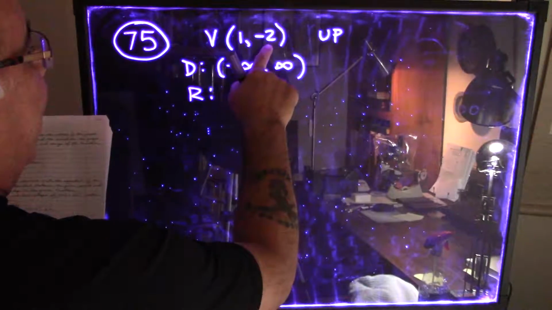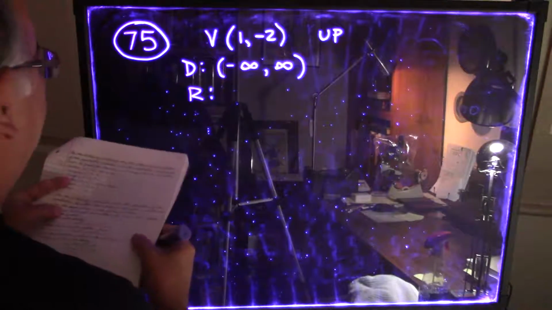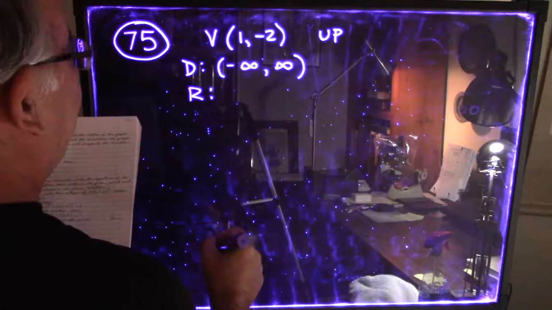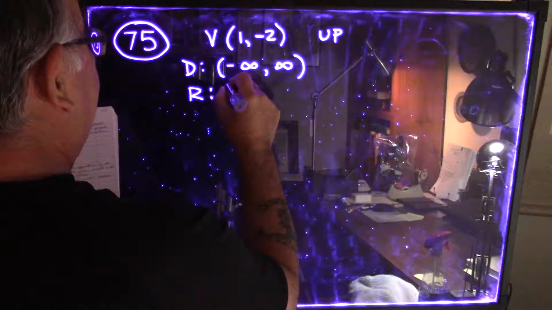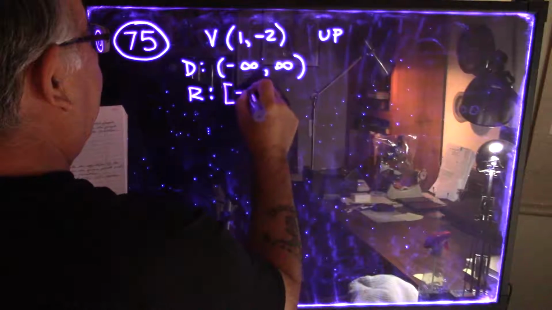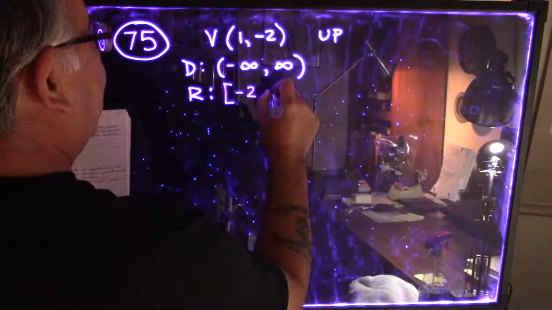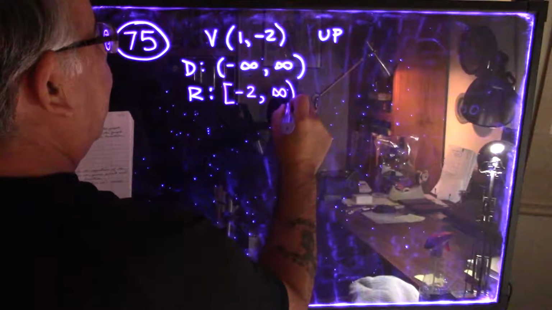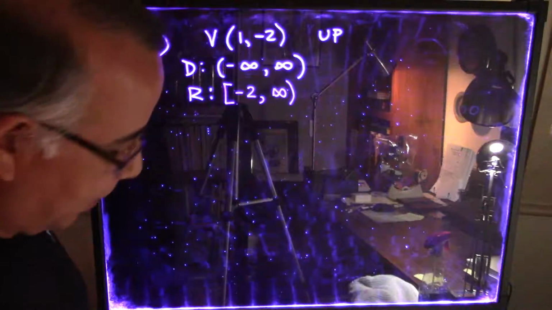So the y value -2 is the minimum value of that parabola. So the range starts at -2 and keeps going up, up, up to infinity. And that's it.